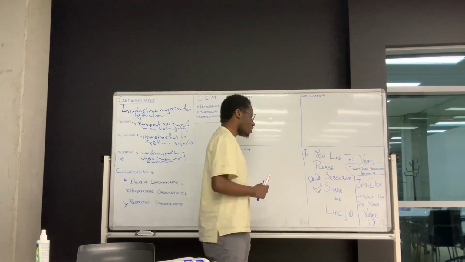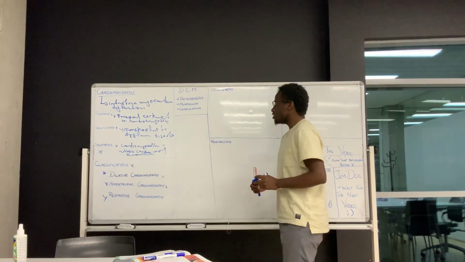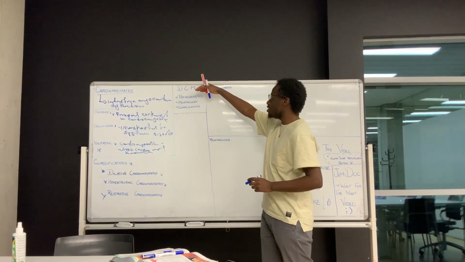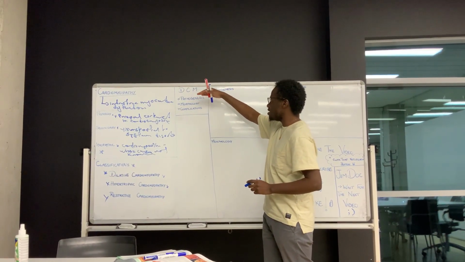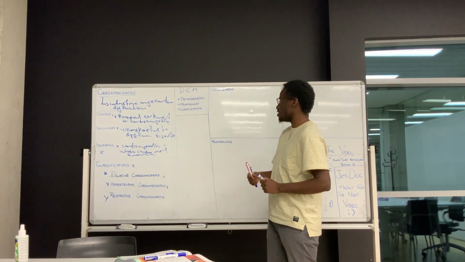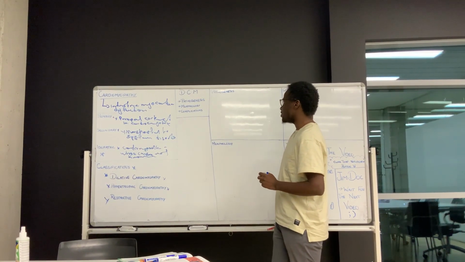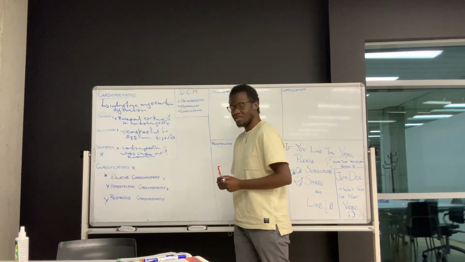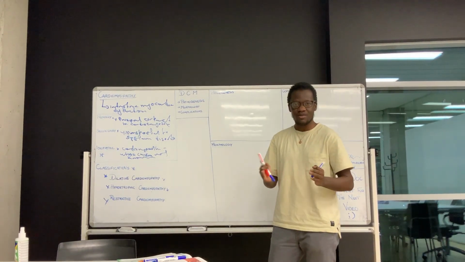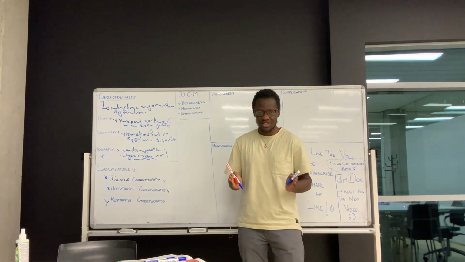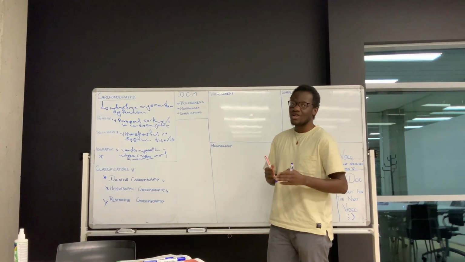Now, you will notice that in most of our videos, when we are talking about pathology, we talk about the pathogenesis, morphology, and the complications. First, I will talk about what dilated cardiomyopathy is. With dilated cardiomyopathy, the chambers of the heart are enlarged as a result of different reasons.